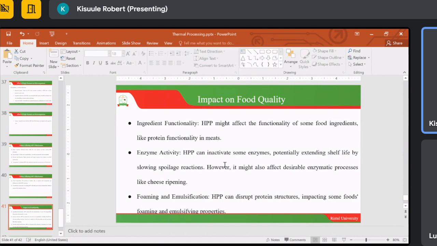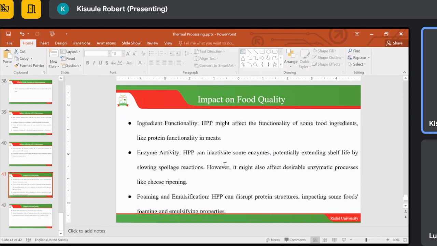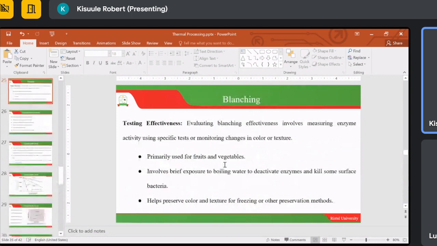For gelation, or gel formation, high pressure processing might influence the gel formation in some food products. But also, while high pressure processing preserves the flavor and texture better than the traditional heating process, there are some changes that could be experienced in the mouthfeel and also in the color of foods treated using high pressure processing.